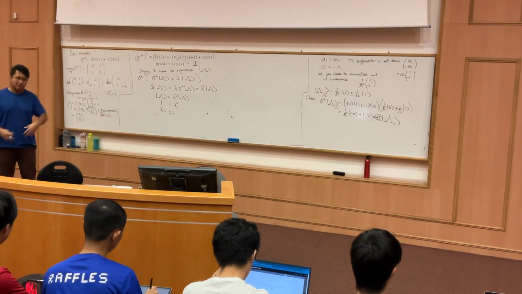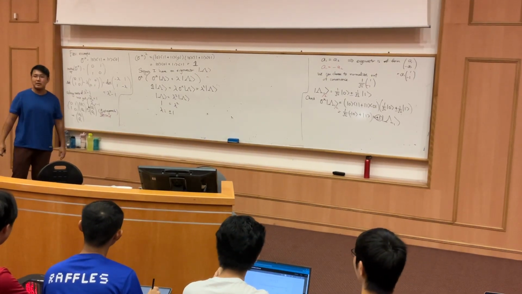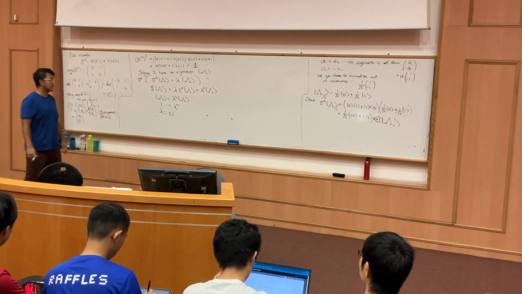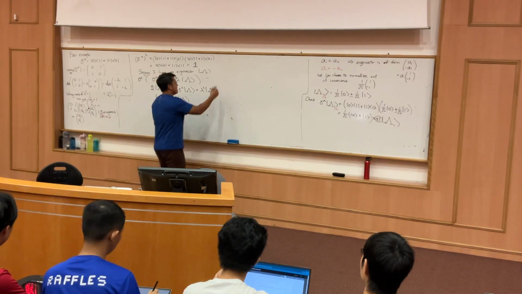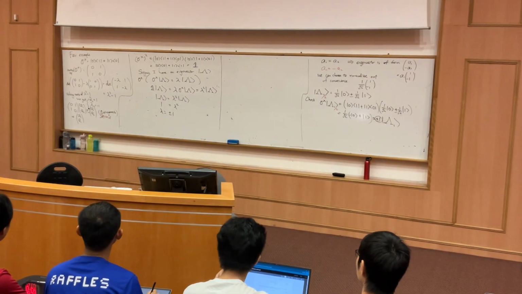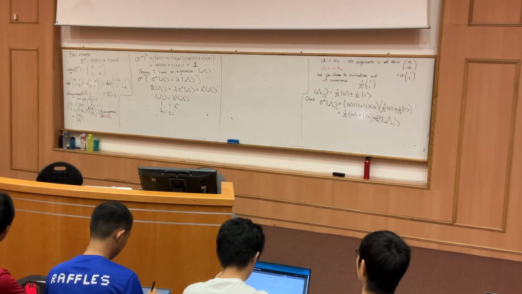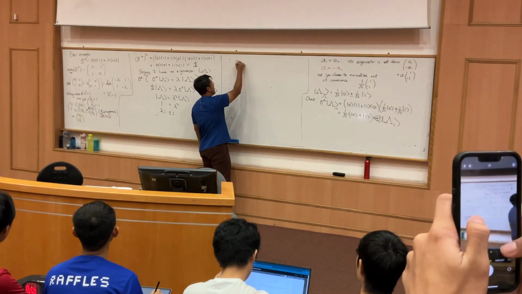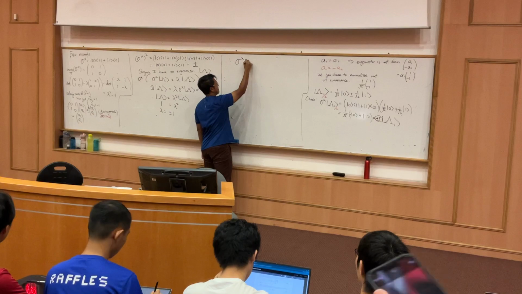If it raised to the 5th power is 1, then the eigenvalue is a 5th root of 1, and so on and so forth. Again, for this particular exercise, or this example, there are more ways to solve it by inspection. So again, let's consider sigma x acting on 0.